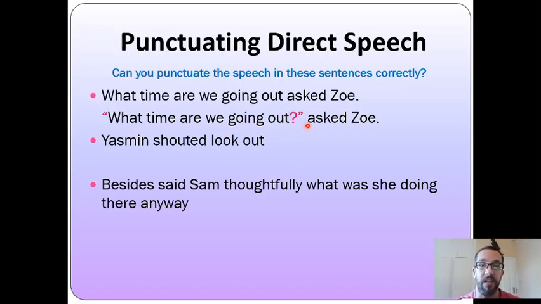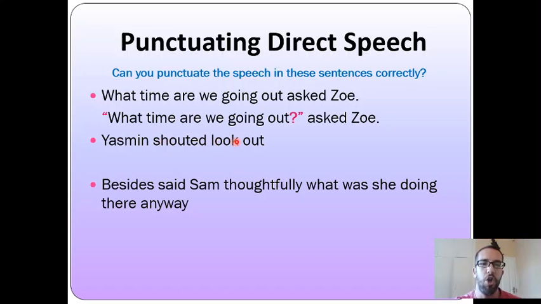So that means it needs a question mark, not a comma in this case. It's a question, so it needs a question mark. And really important, that question mark goes inside the speech marks. And then the last important thing here is this "asked" doesn't get a capital letter, even though there's a question mark there.